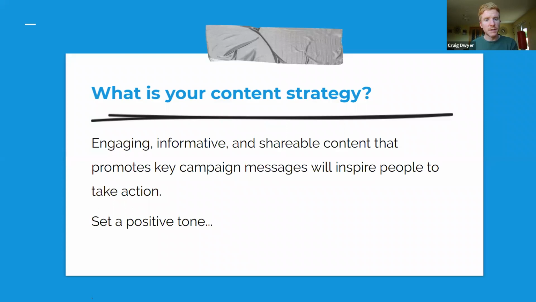So it's just making sure that we are creating that space where people feel that they can get involved, because often on these issues it can become divisive or polarizing, and I think it's about trying to create space in the middle for people, and that is done when we are positive in our tone and in our messaging. And we'll talk a little bit more about that when we're looking at the case studies as well.